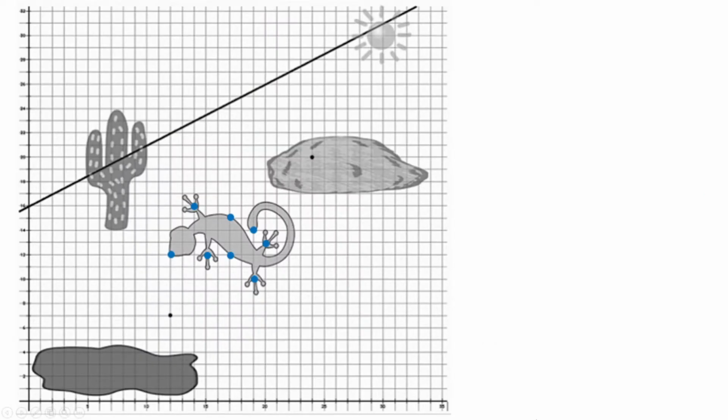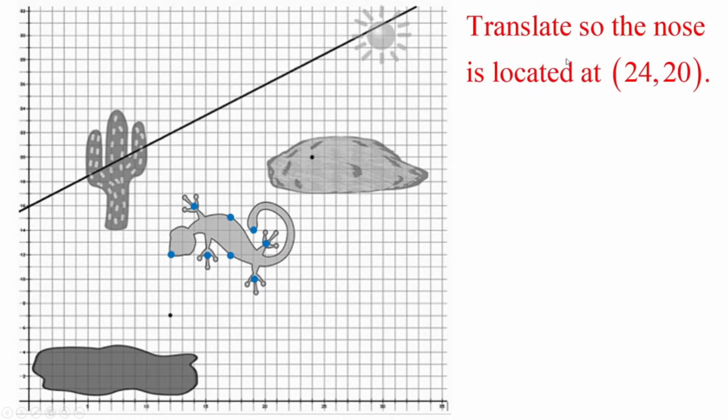Okay, so it sounds like they'd like us to translate our lizard so it is resting on this rock over here. So on the previous slide they said, translate so the nose is located at 24, 20. And it looks to me like they already highlighted that point 24, 20 right here.